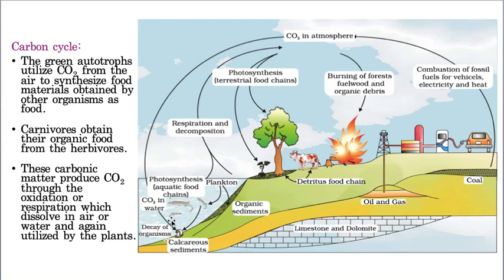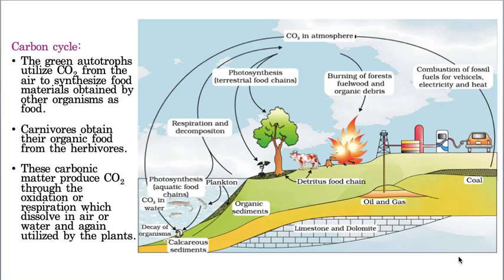So after their death again this carbon dioxide is released into the water in the form of carbonates and bicarbonates, or some carbon dioxide is released into the atmosphere as carbon dioxide. So this is how the carbon cycle takes place, and this is the image I have taken directly from your NCERT book. Hope you understand.